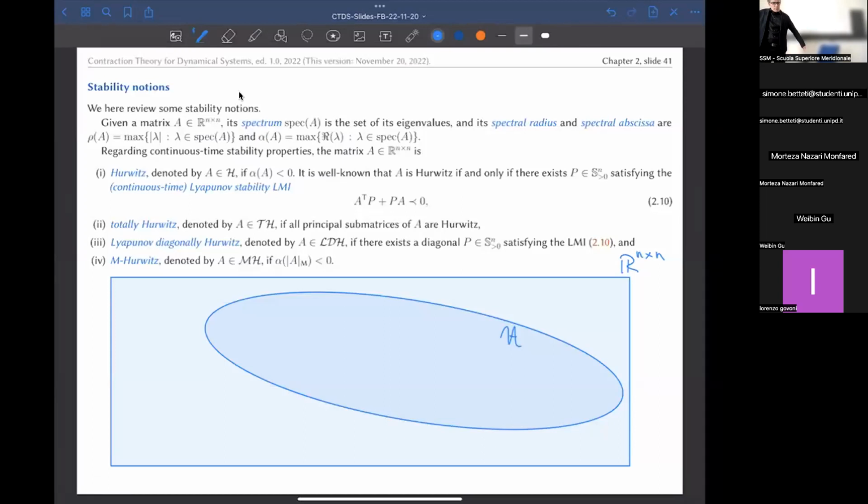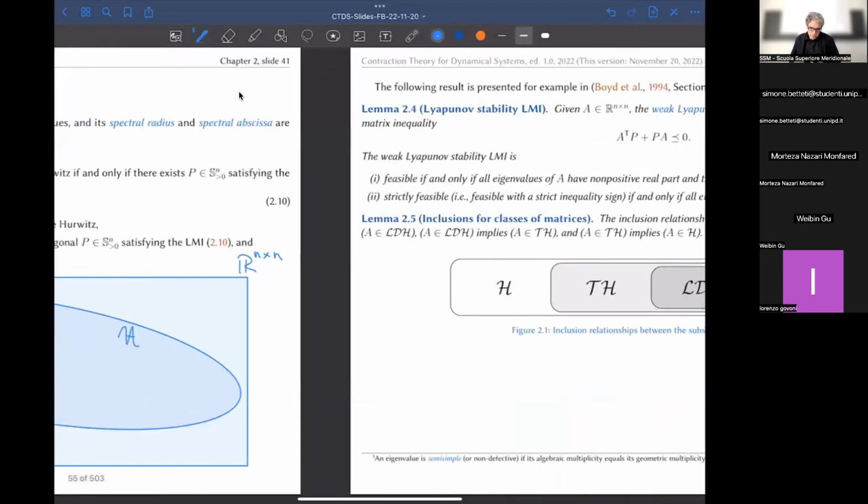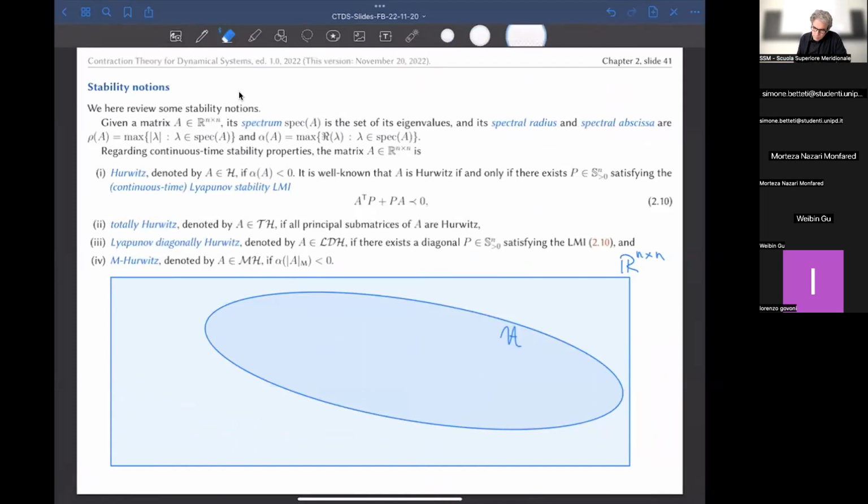There is another property, which is the following. I have a matrix A, and I look at all of its principal submatrices. Do you know what a principal submatrix is? I have an n by n matrix. I pick an index i, could be any number between 1 and n, and I remove the ith row and the ith column.